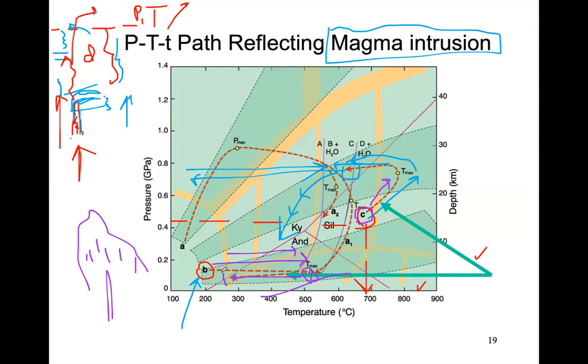So it's mostly contact metamorphism. That means only the temperature has increased, making the rock further heated. Okay, so these are magma intrusion type PT paths.